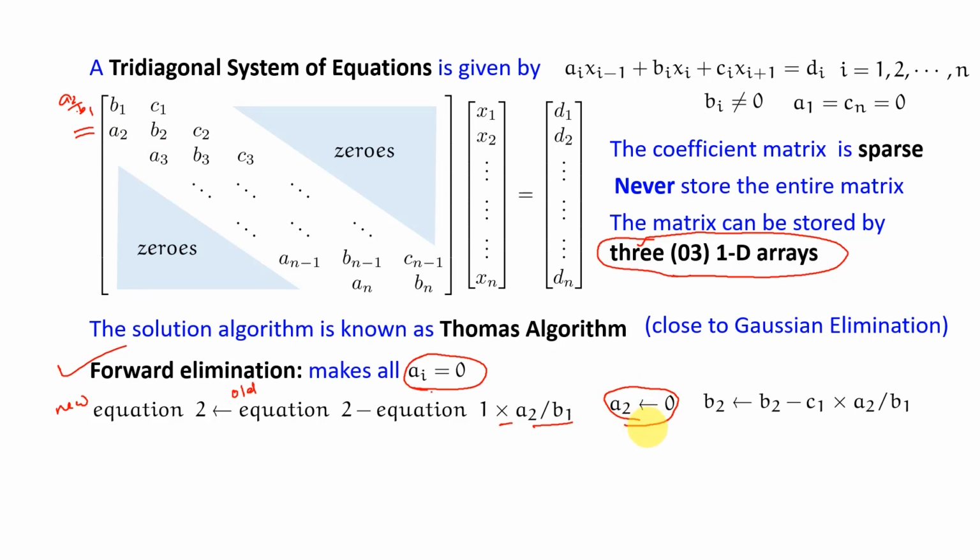I don't write that explicitly. I'll simply not use A2 anymore because A2 is 0. B2 is changing. This is my new B2. It would be old B2 minus C1, the term just above B2, multiplied by A2 by B1.